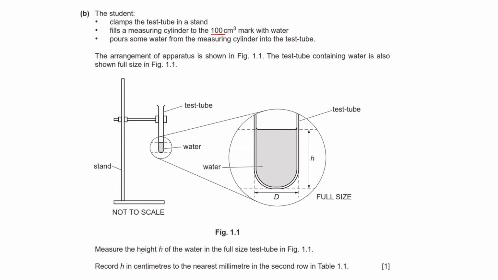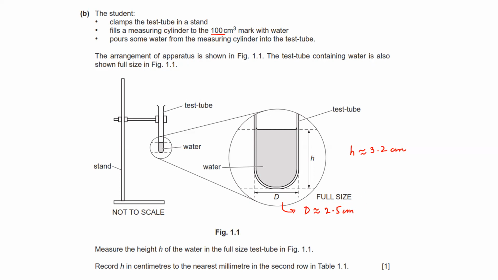Measure the height of the water in the full size test tube. In our actual exam, this will come out to be 3.2 centimeters. We'll also measure the value of D, and this comes out to be approximately 2.5 centimeters.